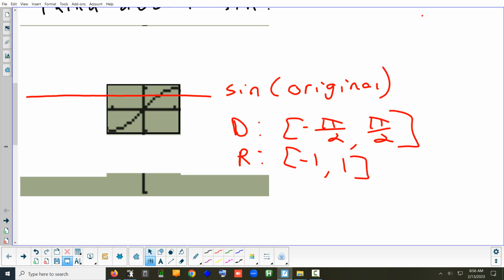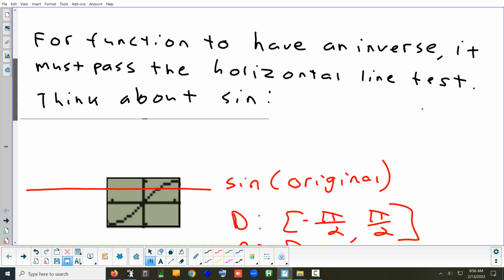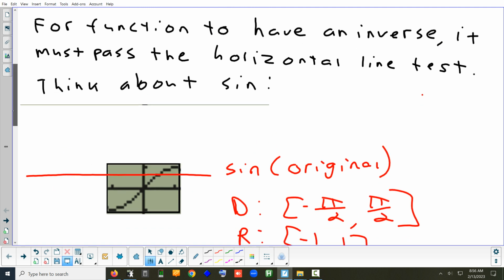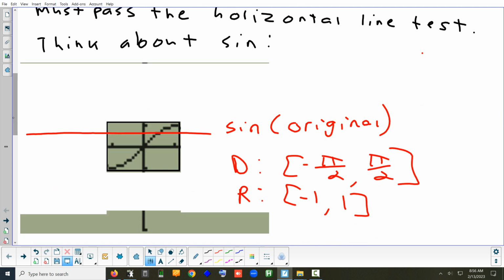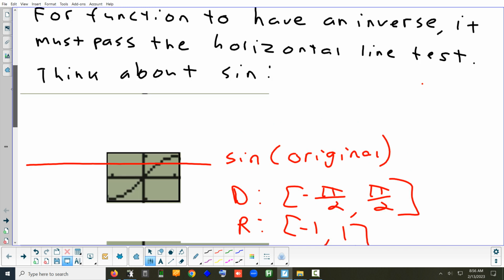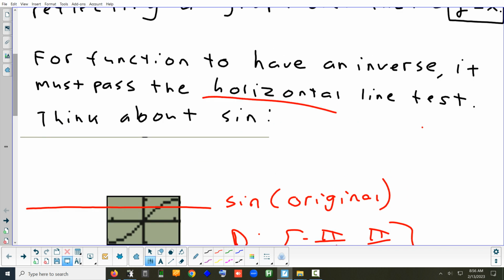So now, I want to figure out what the domain and range of the inverse would be. Well, we know the inverse is going to be a function because we forced this section to pass the horizontal line test. And if it passes the horizontal line test, then the inverse is a function.